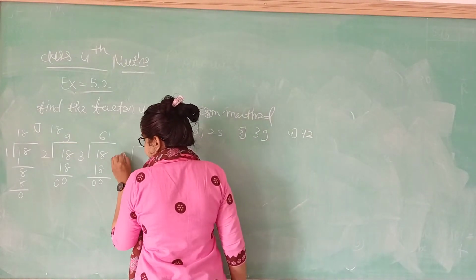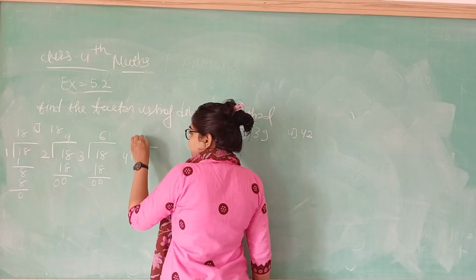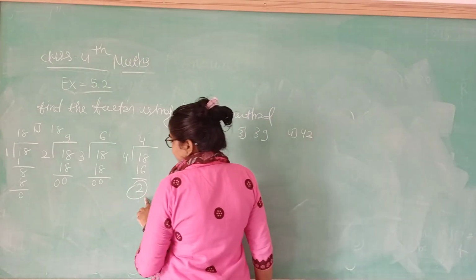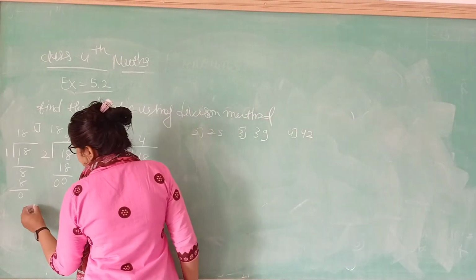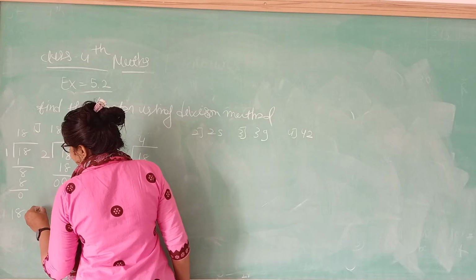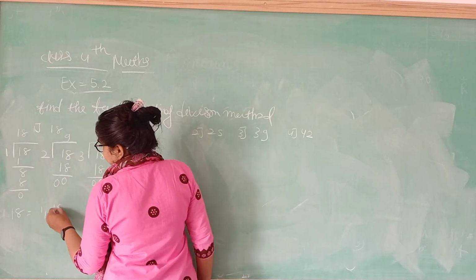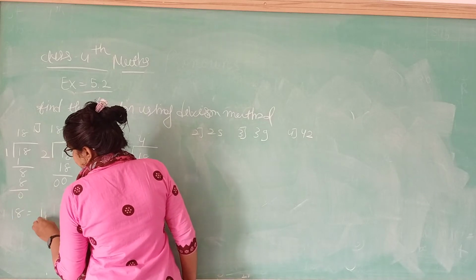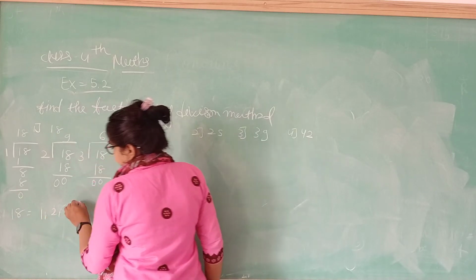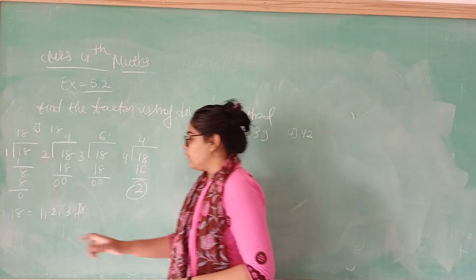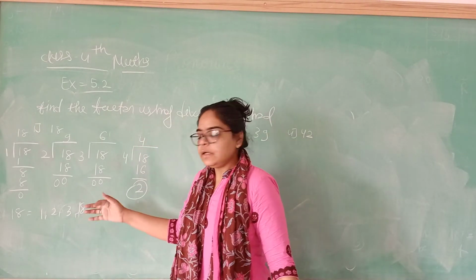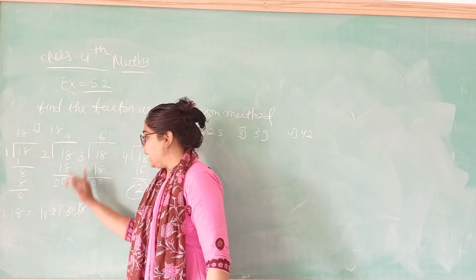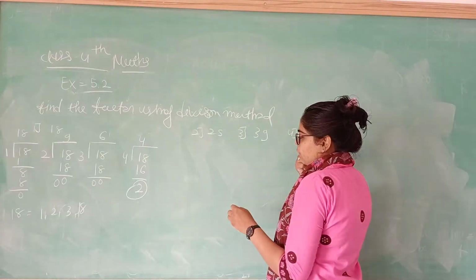Then 4: 4 4s are 16, remainder 2, so 4 is not a factor. So the factors of 18 are 1, 2, 3 and the number itself, 18, because 1 and the number itself are factors of the given number. Okay, so 2 and 3 are also factors of 18.